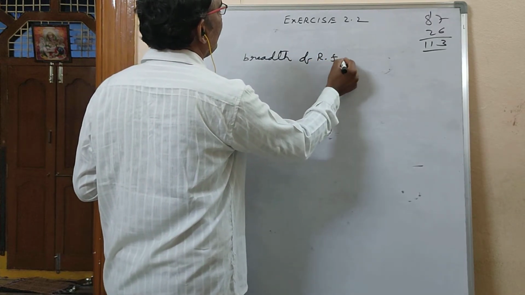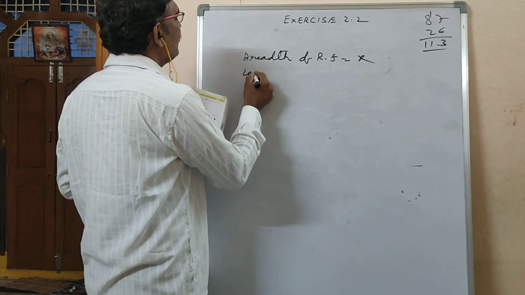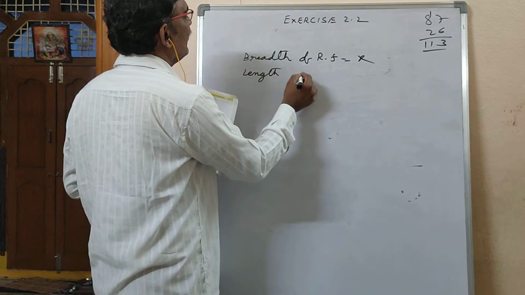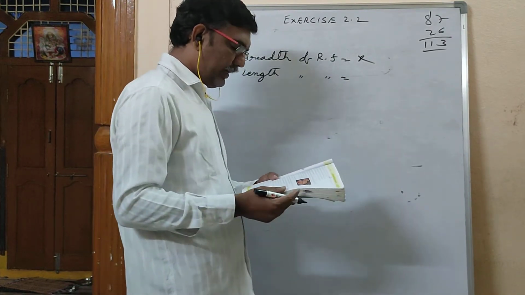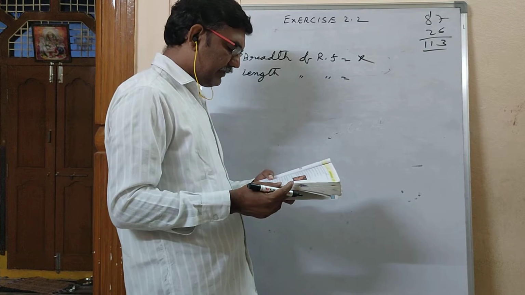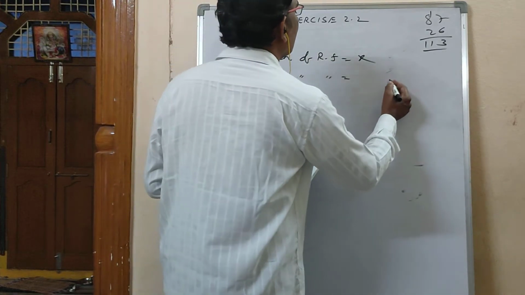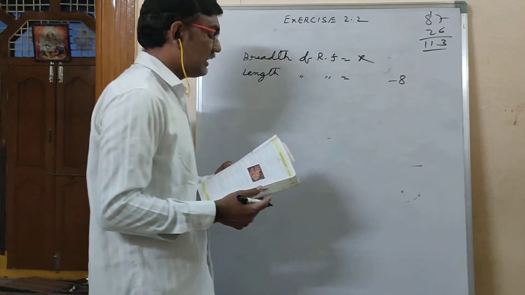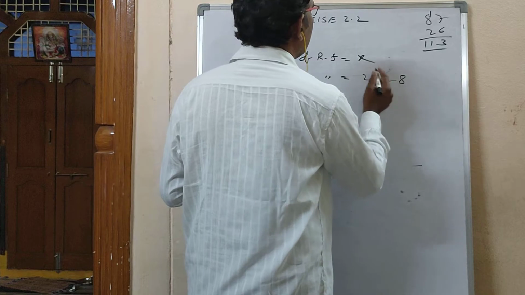Then the length of the rectangular field becomes, what he said, how many meters less? 8 meters less than, so you have to subtract 8. Twice the breadth: 2x minus 8.